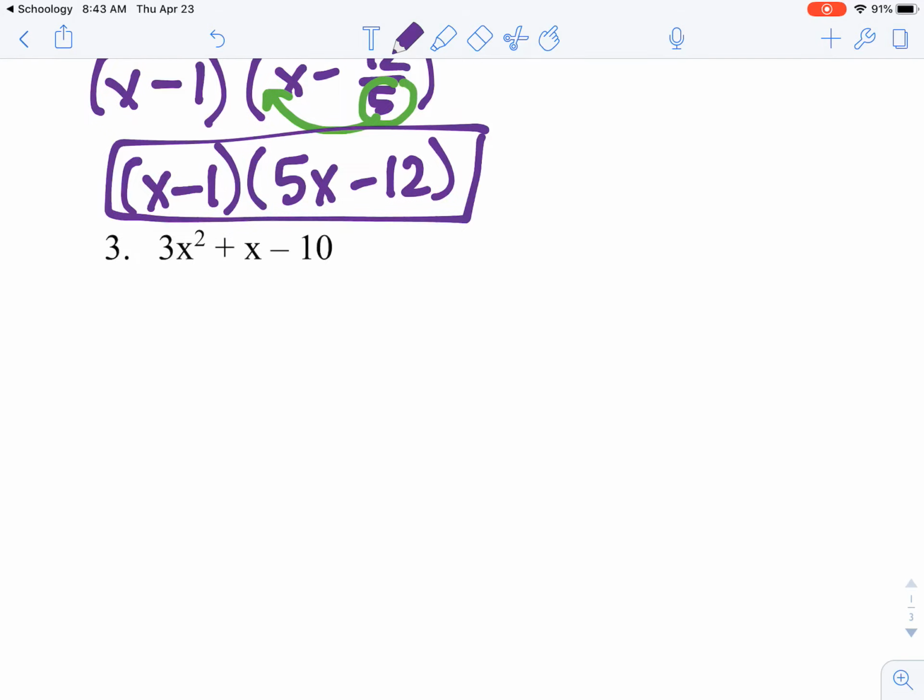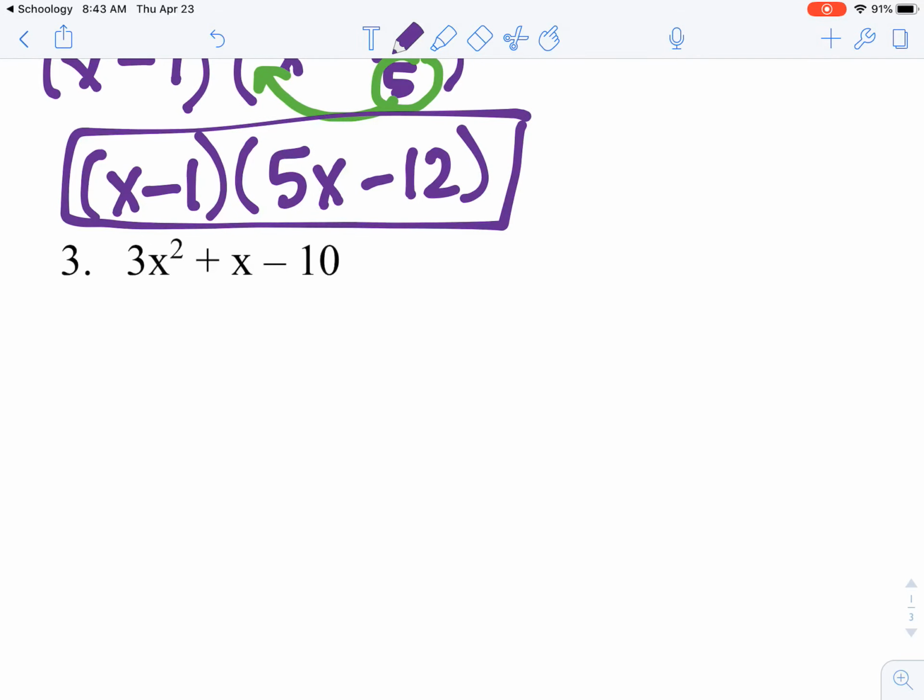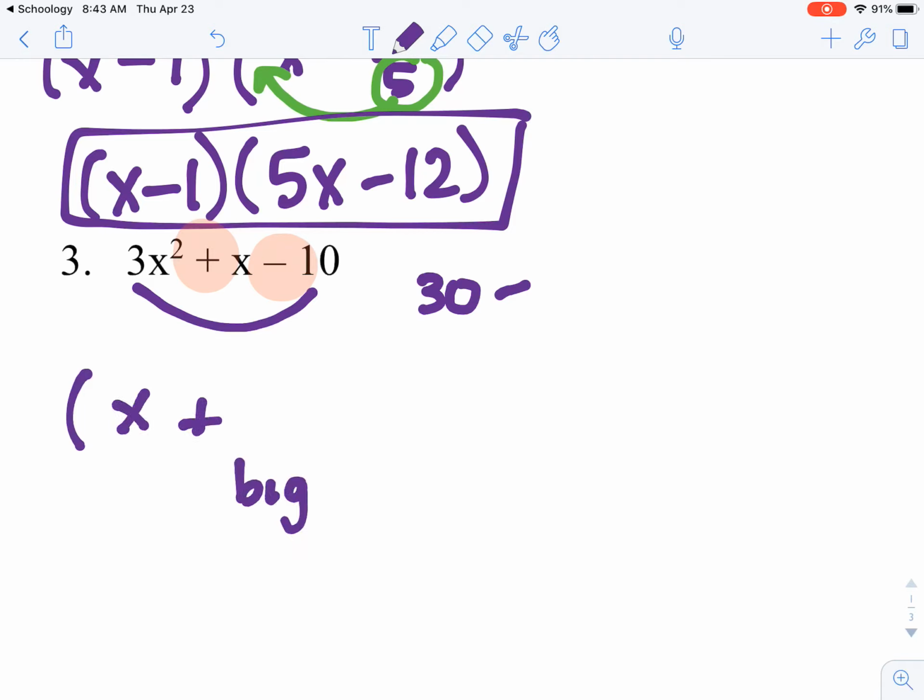Okay, last example here. We are going to multiply our first and our last. So we have 3 times 10 is 30. I'm going to look for factors. Now, okay, let's take a step back here. I have a plus and a minus c. So I am going to have x plus the big number times x minus the small number.